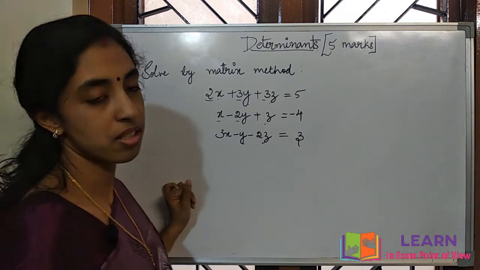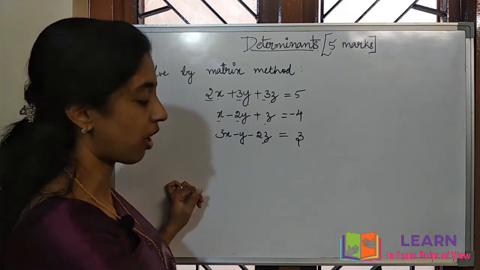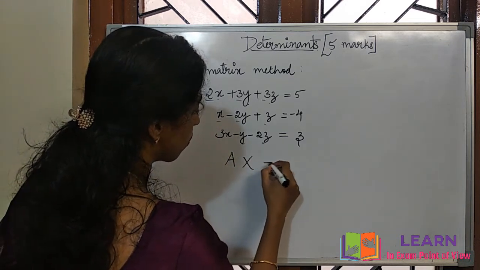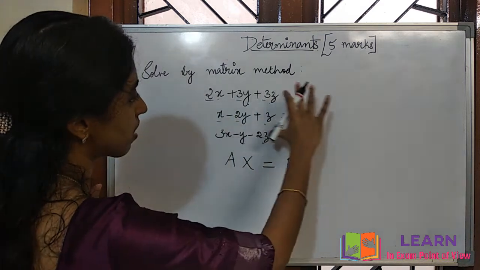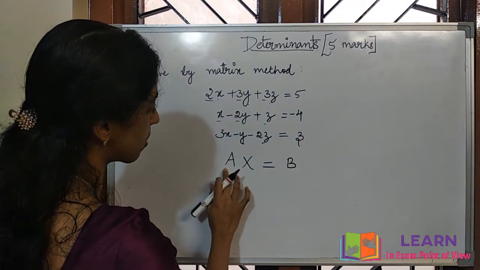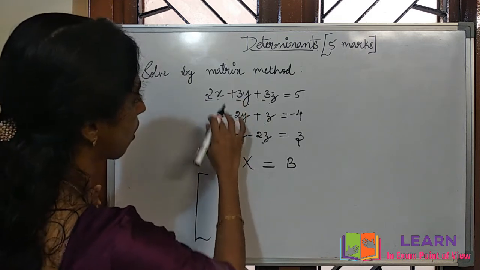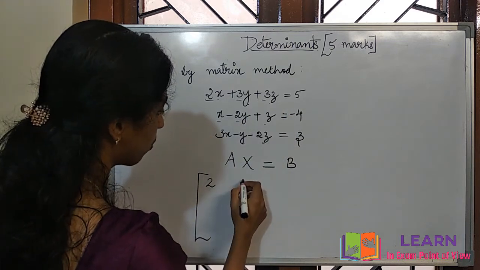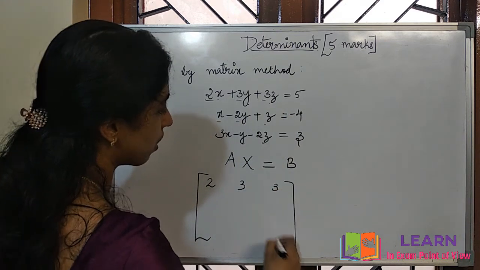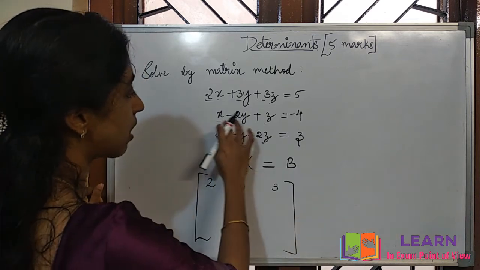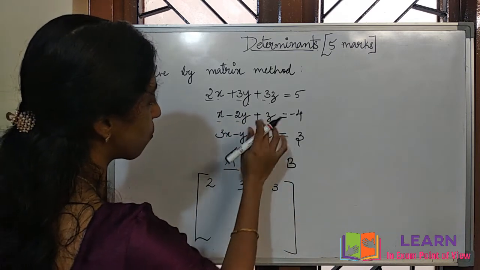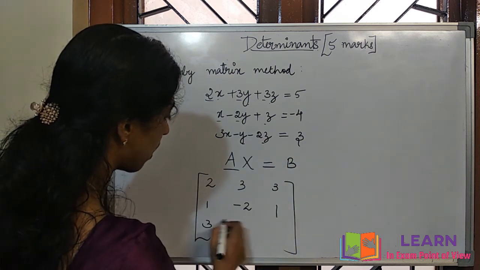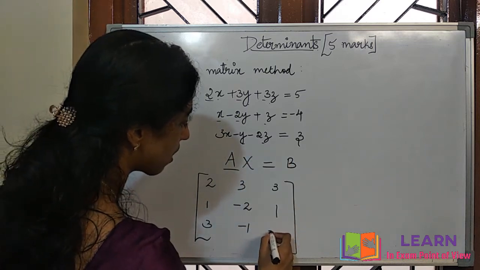There are some procedures. One by one we can look. First we should represent the system like this: AX equal to B. Here we can represent A as a matrix using the coefficients of the equations: 2, 3, 3 as the first row; second, 1, minus 2, 1; for the third, 3, minus 1, minus 2.